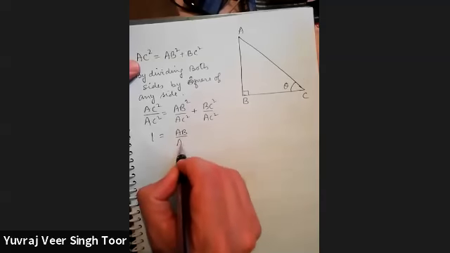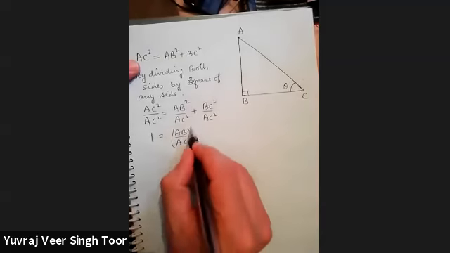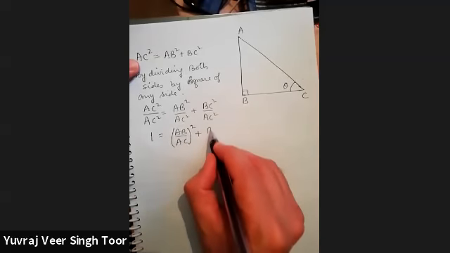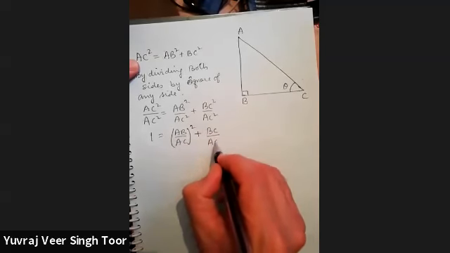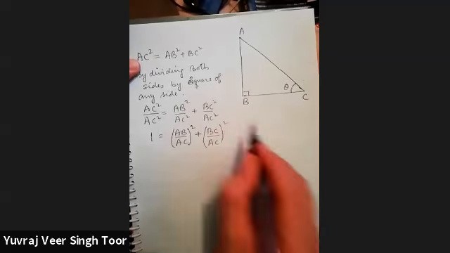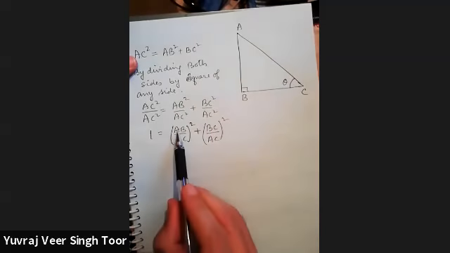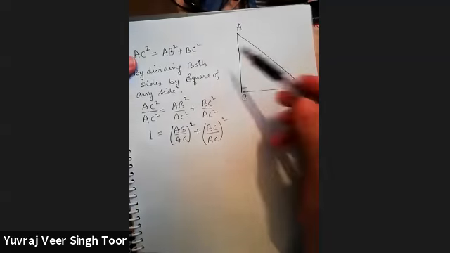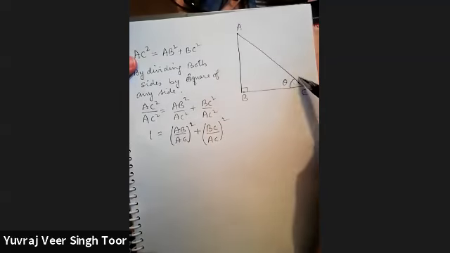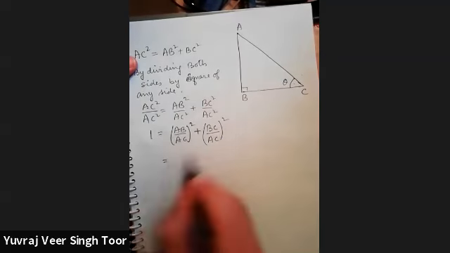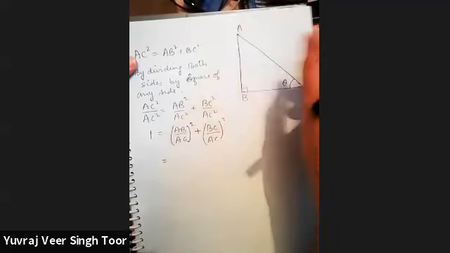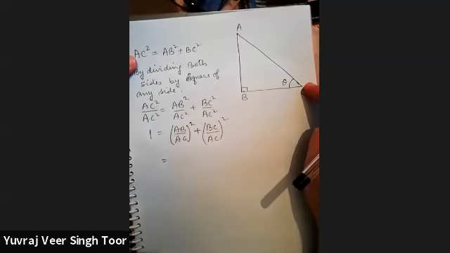AB by AC can be written like this from the concept of exponents. BC by AC also is taken like this. Now what is AB by AC? According to this angle, AB by AC is sine. What is AB according to theta? This is perpendicular, and AC is the hypotenuse.